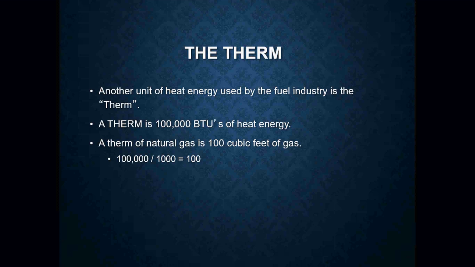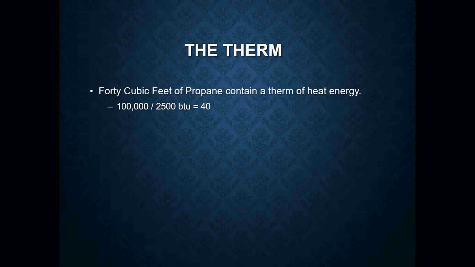A therm of natural gas is 100 cubic feet of gas, and we figure that out by taking 100,000 divided by 1,000, which comes to 100. 40 cubic feet of propane contains a therm of heat energy. We figure that out with 100,000 divided by 2,500 BTUs, which equals 40.